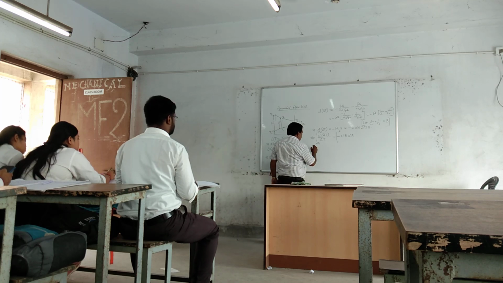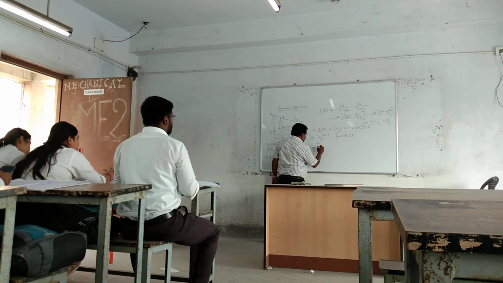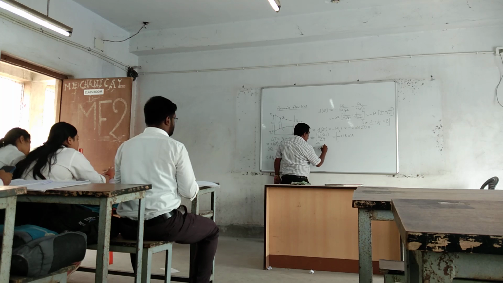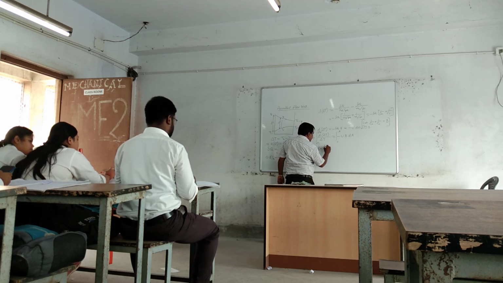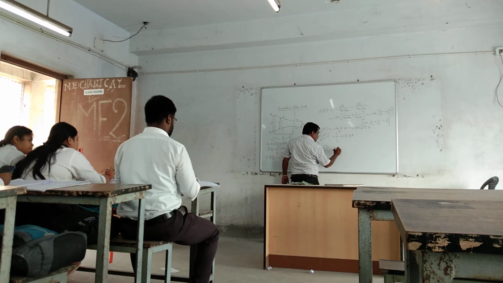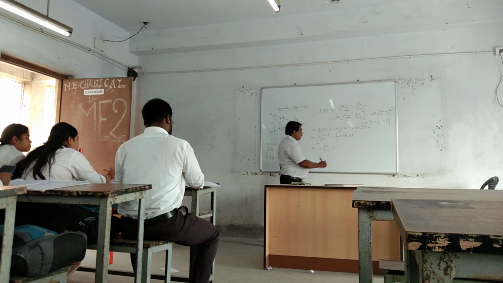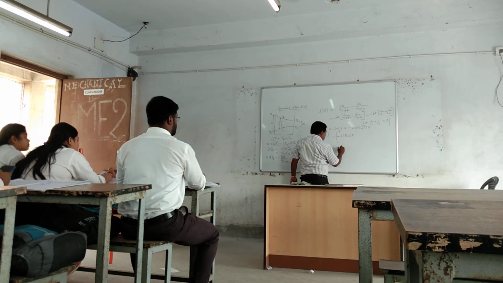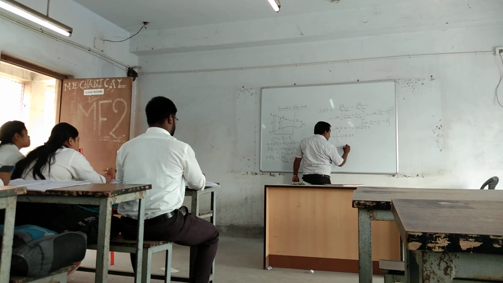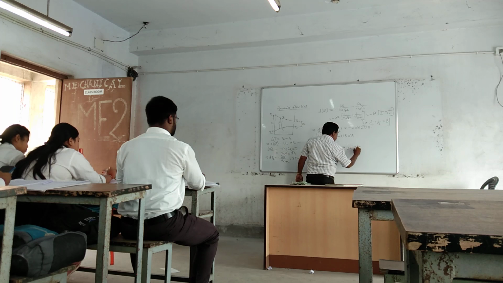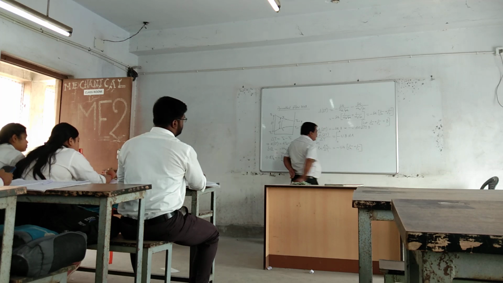Now after integration, see what we are getting: log of delta T2 by delta T1, which is equal to minus UA into 1 by CH plus 1 by CC.